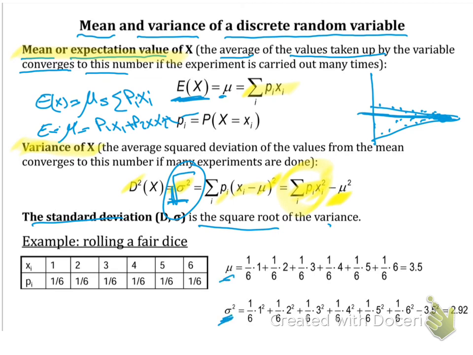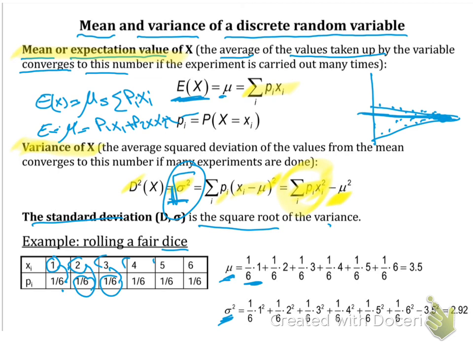So the mean: I have x equals 1, 2, 3, 4, 5, 6 because it's a fair dice. Every x times its probability in order to get the mean. So 1 times 1 over 6, plus 1 over 6 times 2, 1 over 6 times 3, 1 over 6 times 4, and so on.